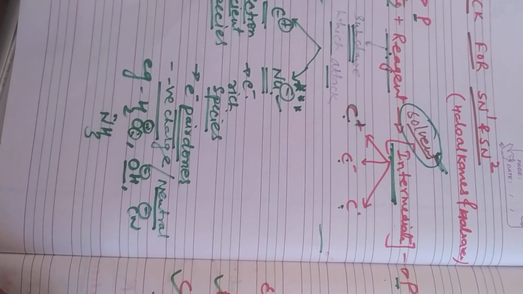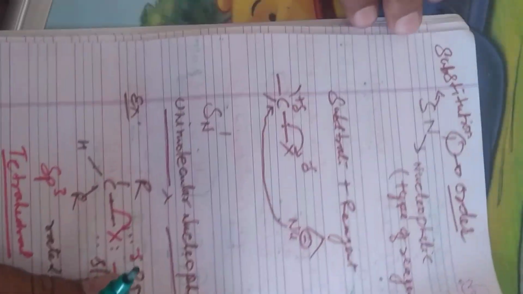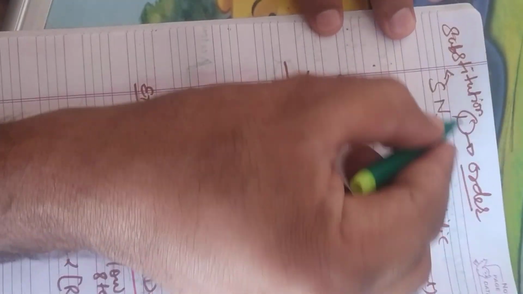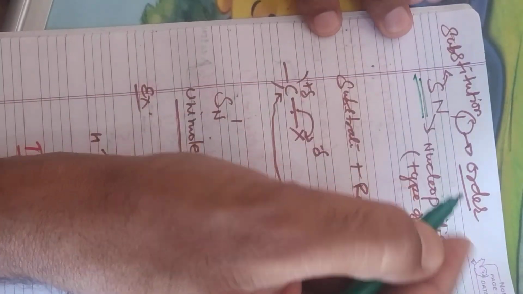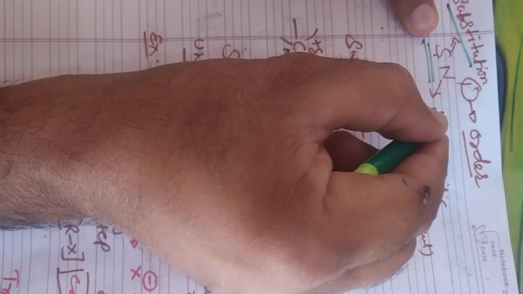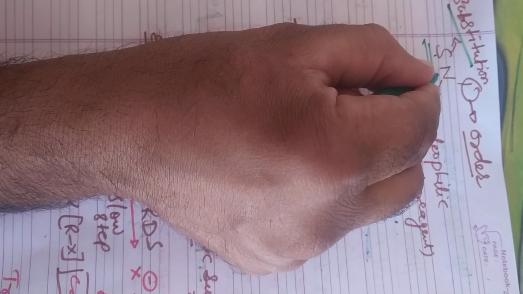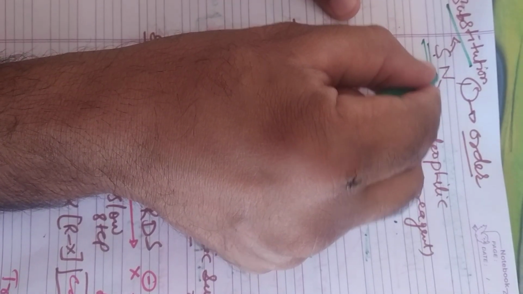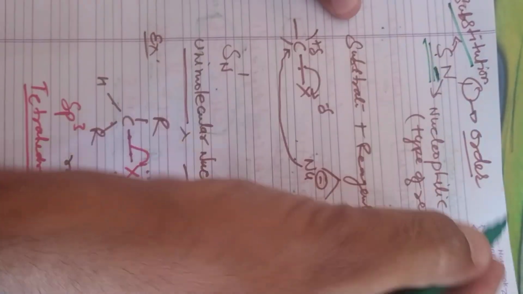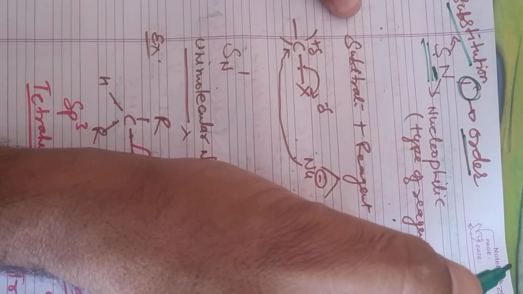Now we shall discuss SN1 and SN2. So first we are going to take the SN1 reaction. S stands for substitution, N stands for nucleophilic, and 1 stands for its order. Order is experimentally determined.